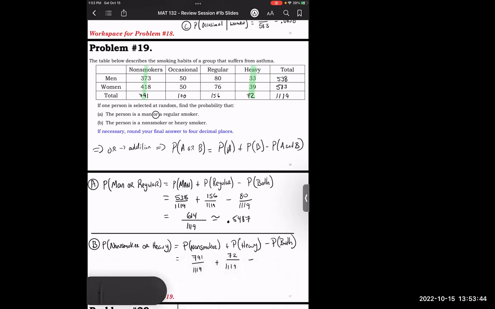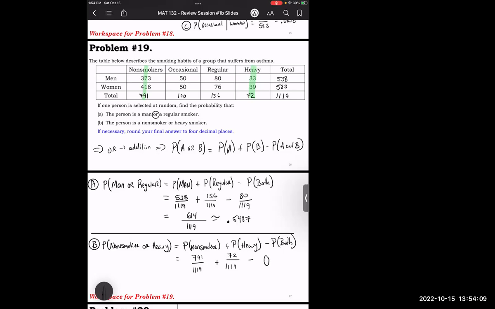So technically speaking, the probability of both is going to be equal to what number? If there's no intersection, it's 0.